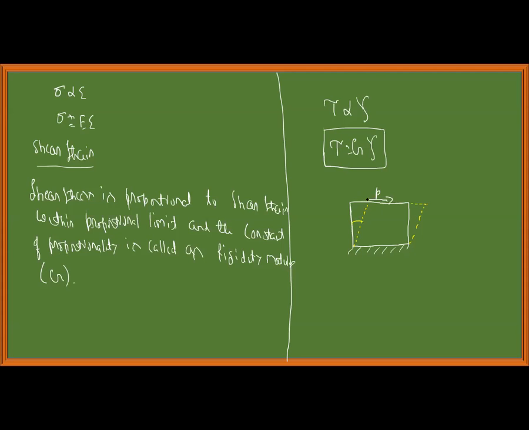I will call it phi, or you can call it gamma, whatever. This is A, B, C, D, D dash, C dash. Therefore, tan phi is given by BD dash by AB, which is equal to shear strain, gamma.